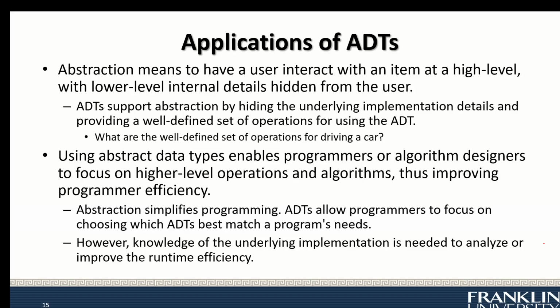So there are a lot of things you need to do to move forward, to move backward. You need to check things. And using abstract data types enables programmers or algorithm designers to focus on higher level operations and algorithms and improve efficiency. Again, this is the principle of object-oriented programming called encapsulation.